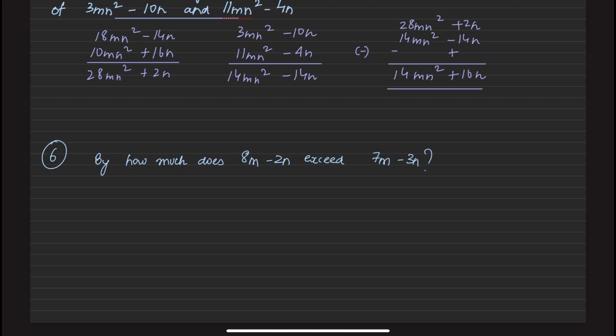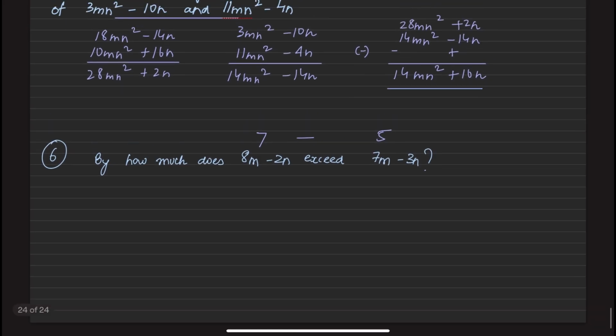Okay, now the last sum. By how much does 8m minus 2n exceed 7m minus 3n? Again, think of small numbers. Exceeds means this is a bigger number. But by how much does 7 exceed 5? 7 exceeds 5 by 2. What did we do? 7 minus 5 to get 2.